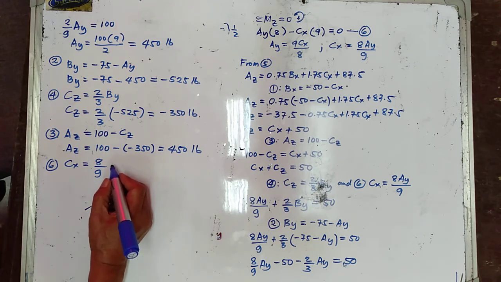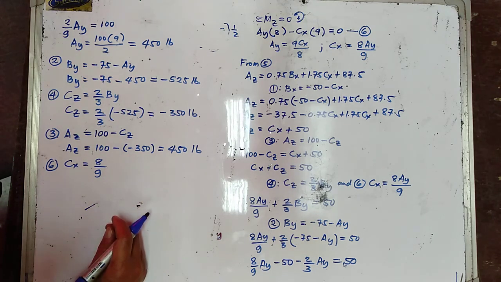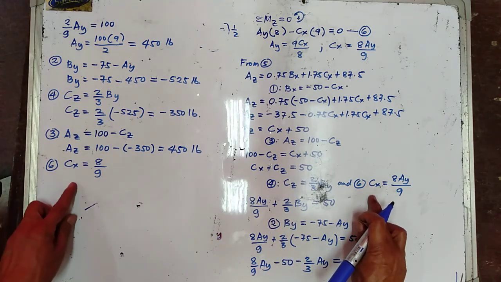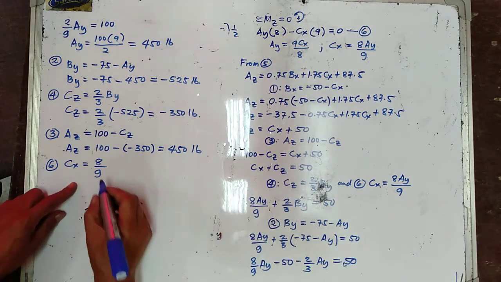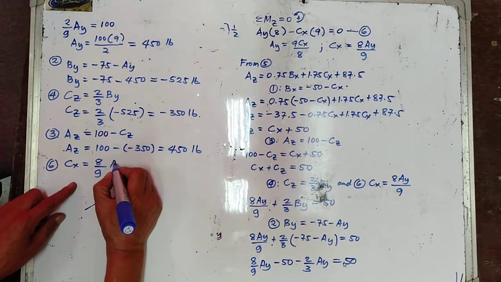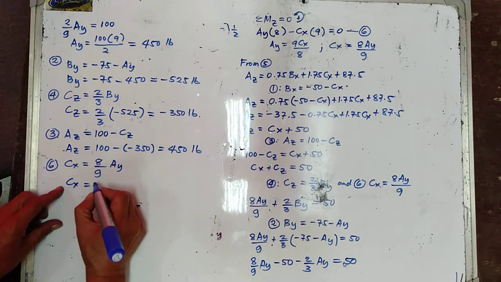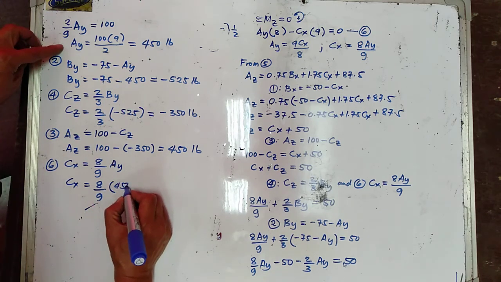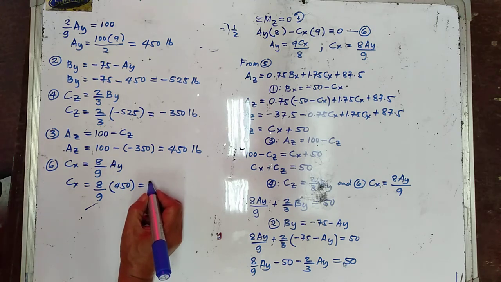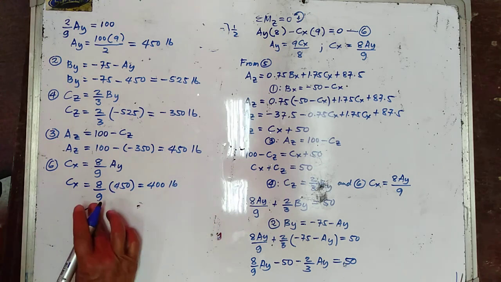And then, from equation 6, your CX is equal to 8 over 9 AY. So your CX is equal to 8 all over 9, AY is 450. And therefore, CX is equal to 400 pounds.